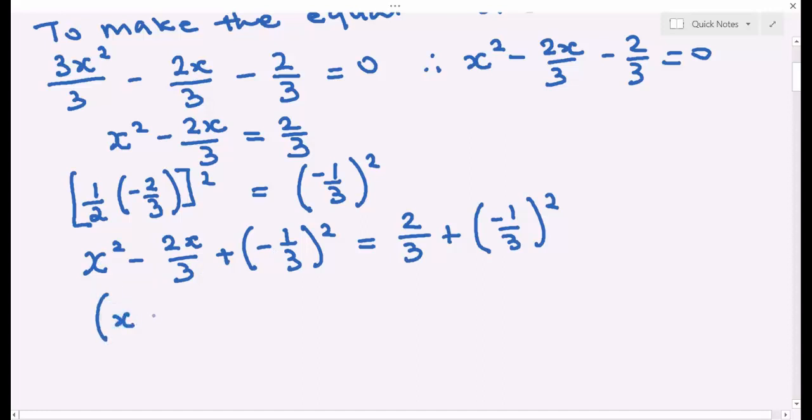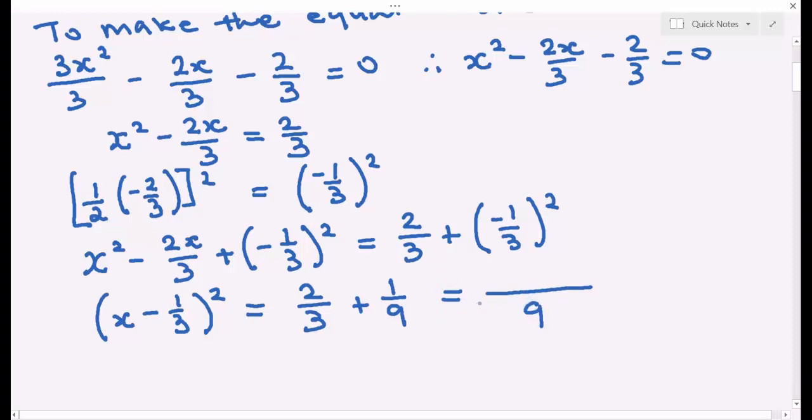We have x minus 1 over 3 squared. This is the same as 2 over 3 plus 1 over 9. Let us solve the right hand side first. LCM is 9. 3 in 9 is 3 times 2, that will give us 6, plus 9 in 9, 1 times 1, that will give us 1. So this will give us 7 over 9.